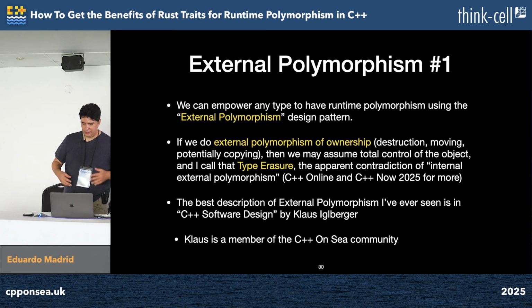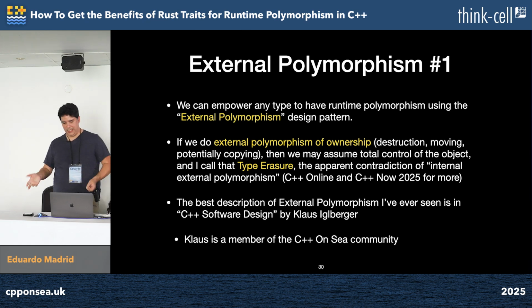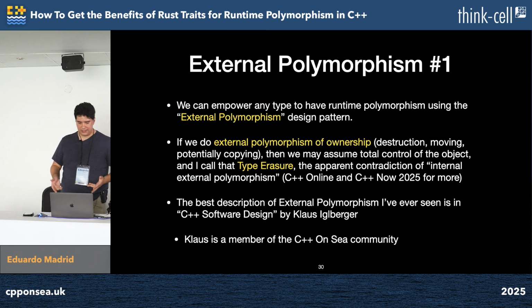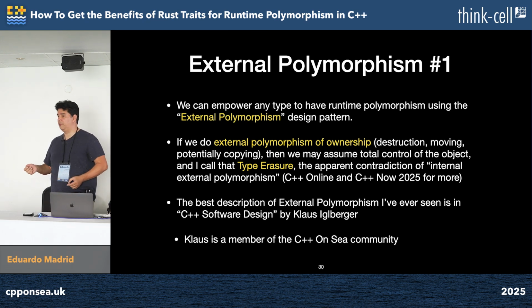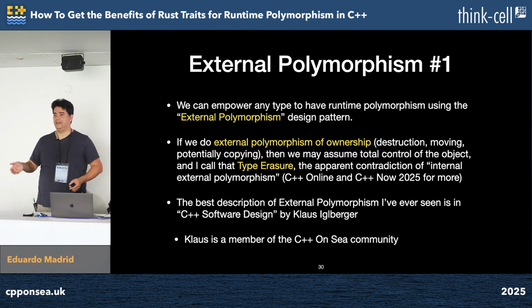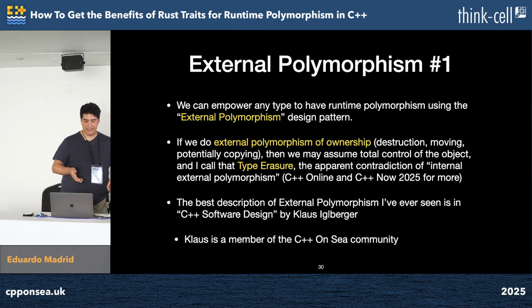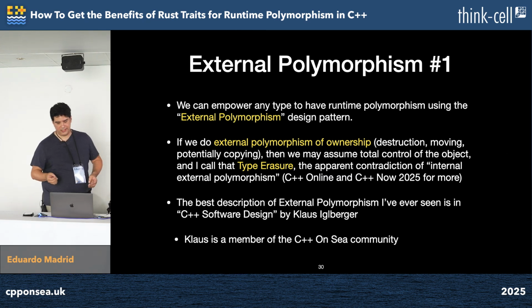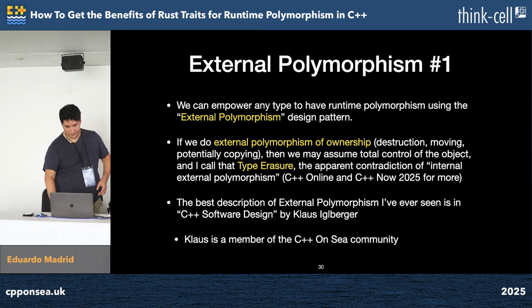Of course, the subject matter of this presentation does not require us to dive very deep into what external polymorphism is, but should you want it, the best explanation for what external polymorphism is resides in the book C++ Software Design by Klaus Iglberger, who is a really loved member of the C++ community.